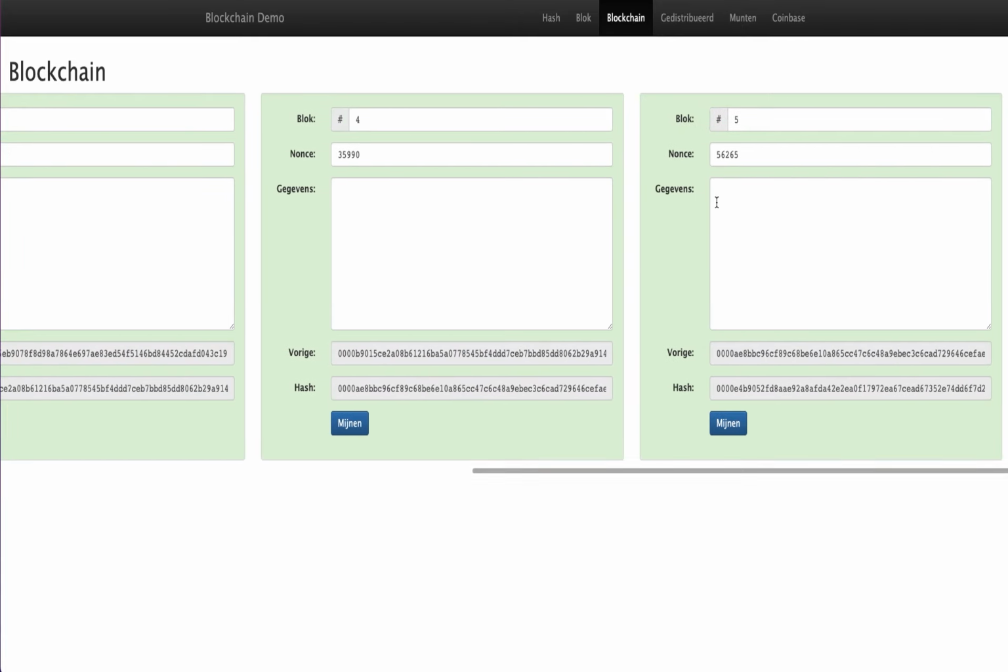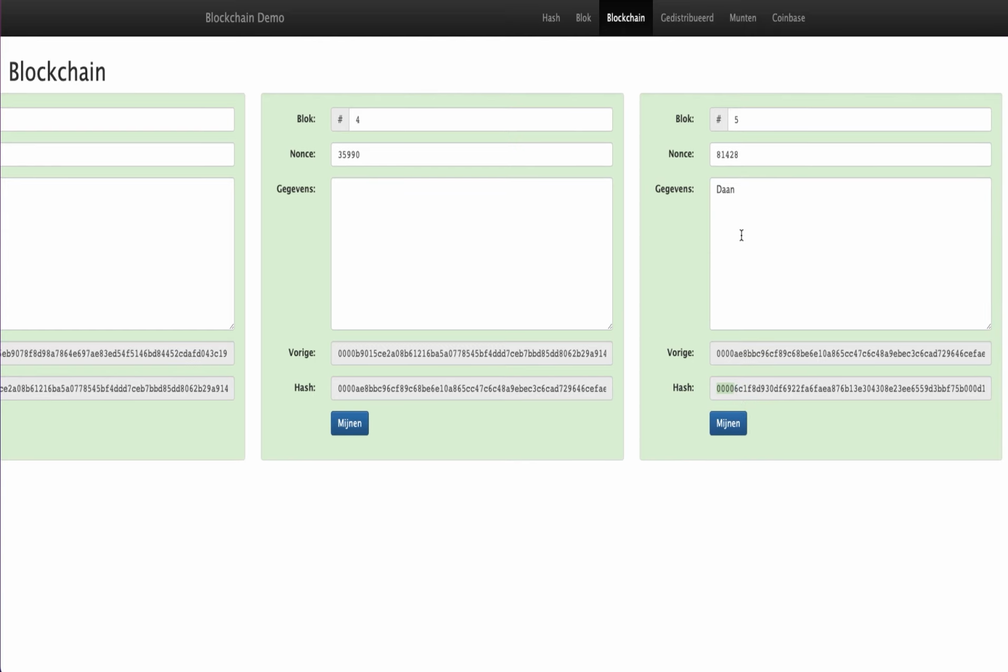Now why is it? Like I explained in the block section, when I alter the information in a block, so again I put my name in it, the block invalidates. So I need to remine. You see the hash doesn't start with 4 zeros anymore, so I need to remine it. So I remine it, and the hash starts again with 4 zeros.